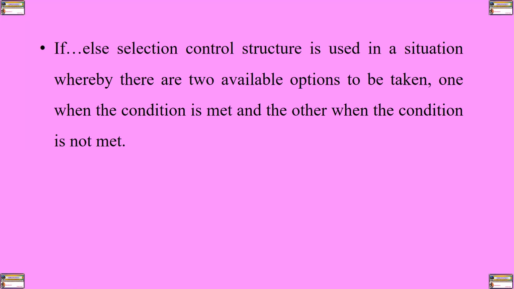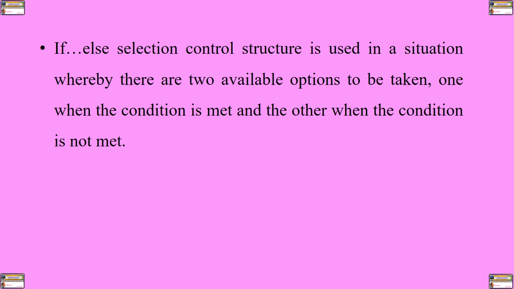Remember, in part 8 of our series, which is accessible from Emily Swap ICT YouTube channel, where we learned about the if selection control structure, we saw that an action is only taken if the condition is true.